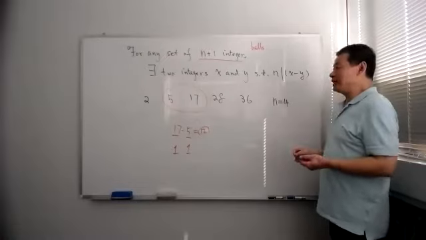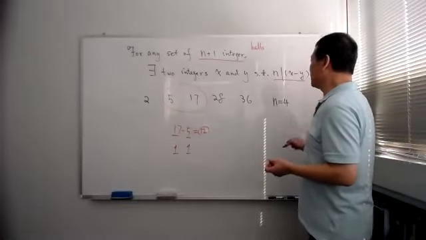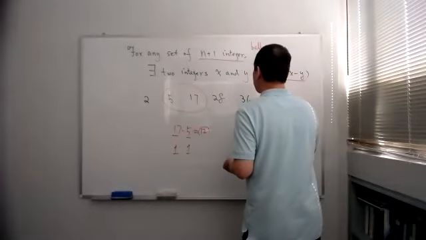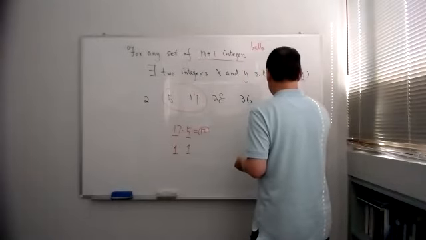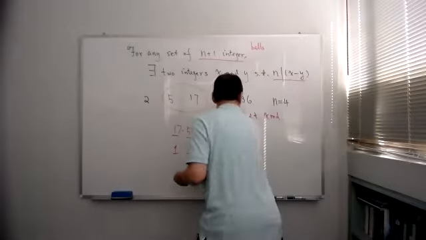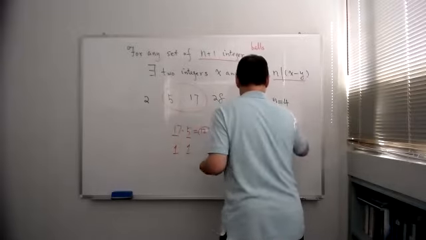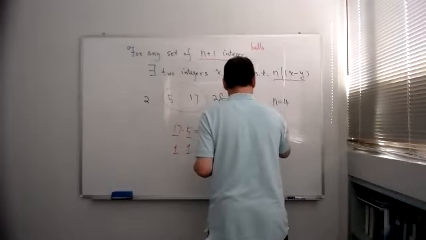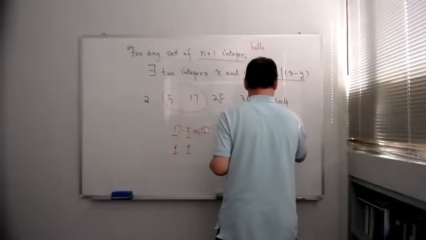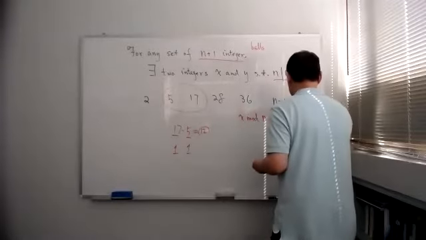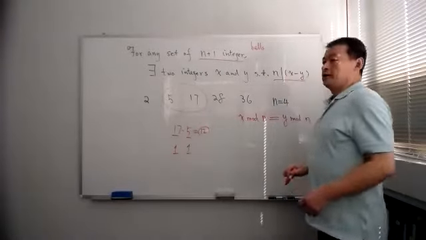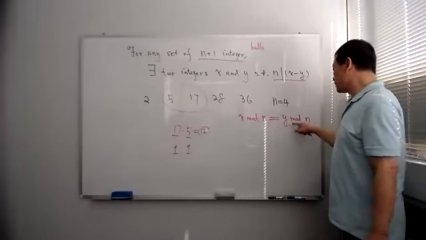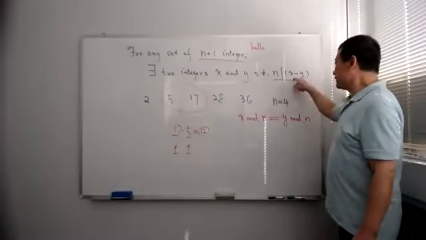So what we need is two integers such that x mod n equals y mod n. When x is divided by n, the remainder will be the same as y divided by n.